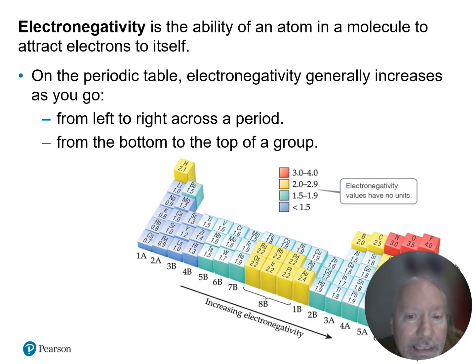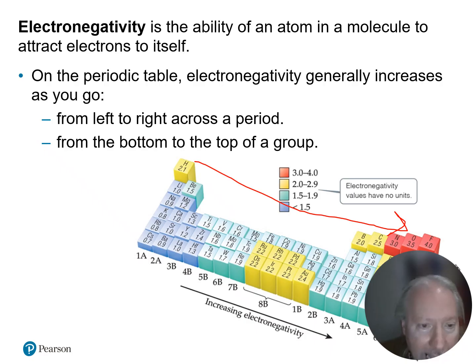Okay, so electronegativity increases from left to right, and electronegativity increases going up the columns, right? Or if we draw the diagonal, electronegativity increases that way. We use the Linus Pauling electronegativity scale.